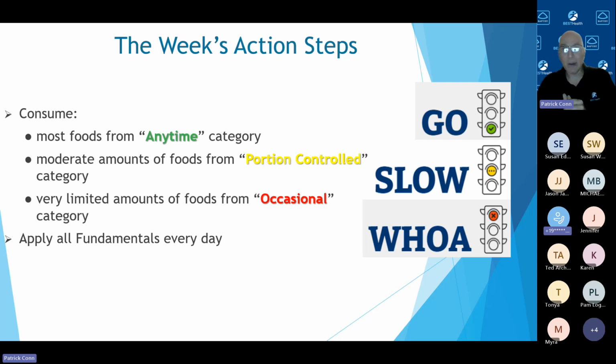You can see on the traffic light approach, yellow means to slow down, be cautious, control portions, and then lastly, consume very limited amounts of your foods from that occasional or red category. You can see on the traffic light example, that means whoa, put on the brakes. Okay. So that's your action steps for the week.